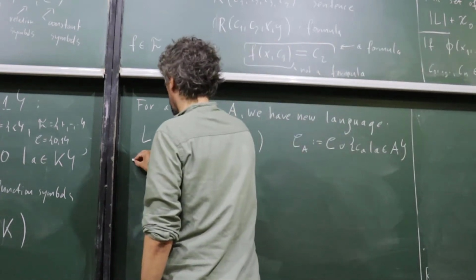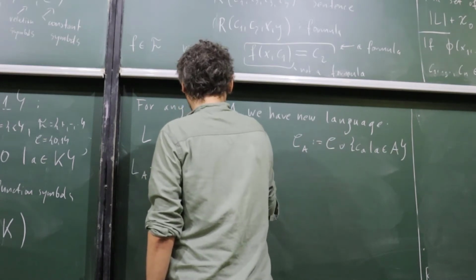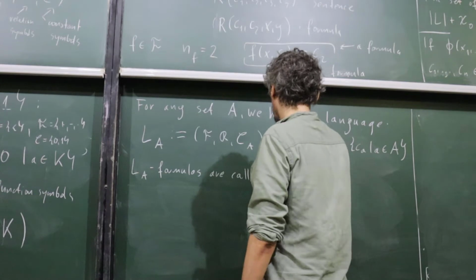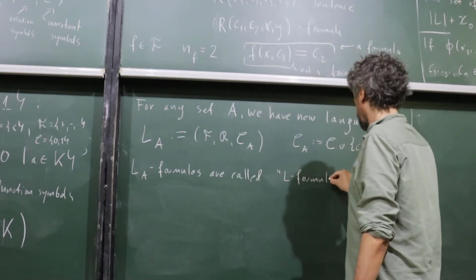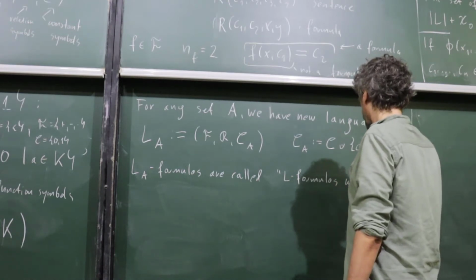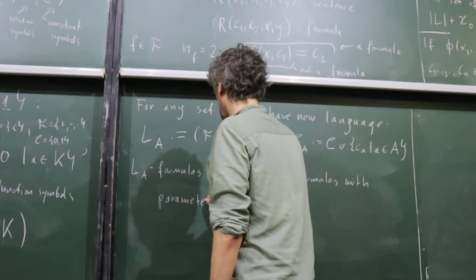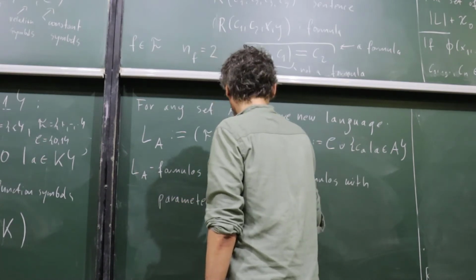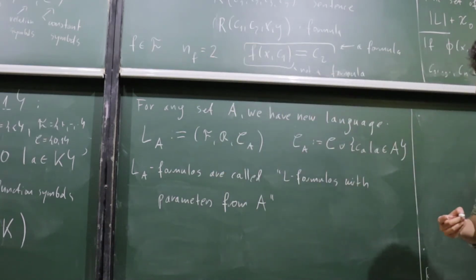So L_A formulas are sometimes called L formulas with parameters from A. Usually this A will be coming from some model, will be a subset of a model of some theory.